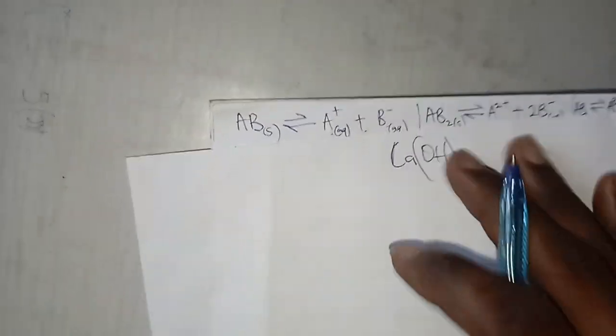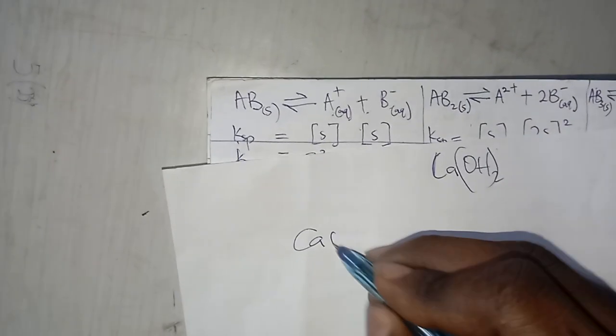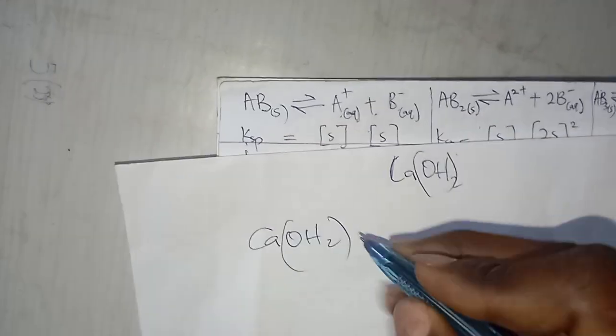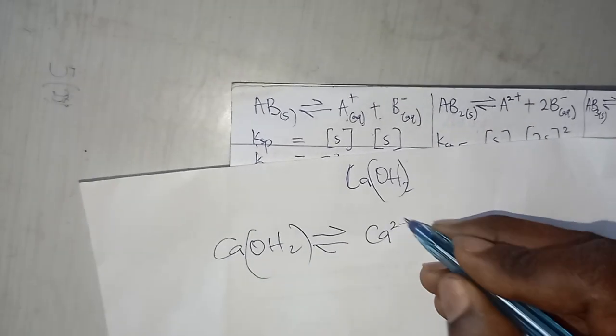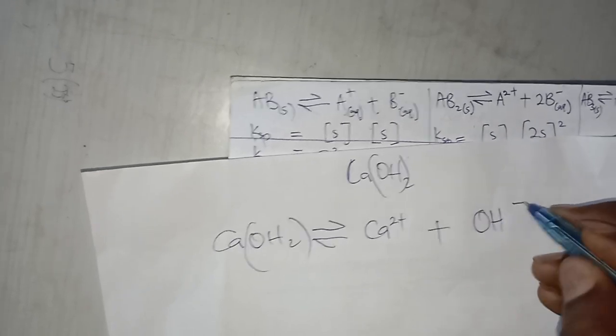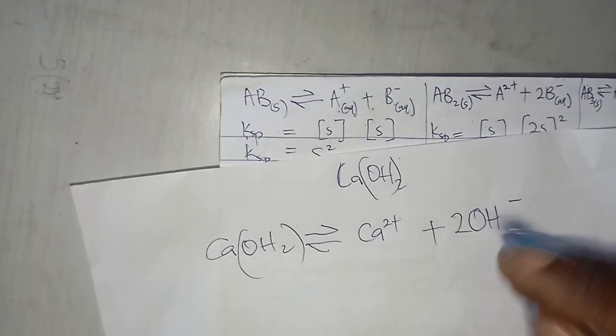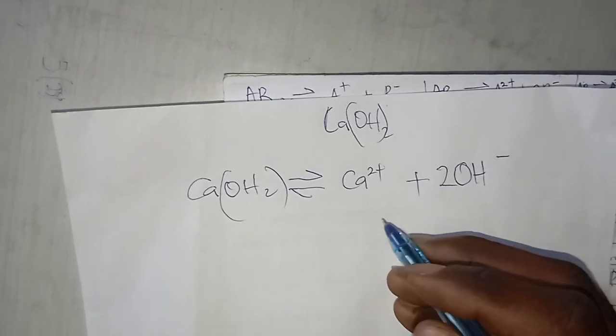This will simply give me, for the solubility expression, Ca(OH)2 in a reversible reaction where I will get Ca2+ plus OH minus, then I'll have 2 beside it. So this is the solubility expression or solubility equation.